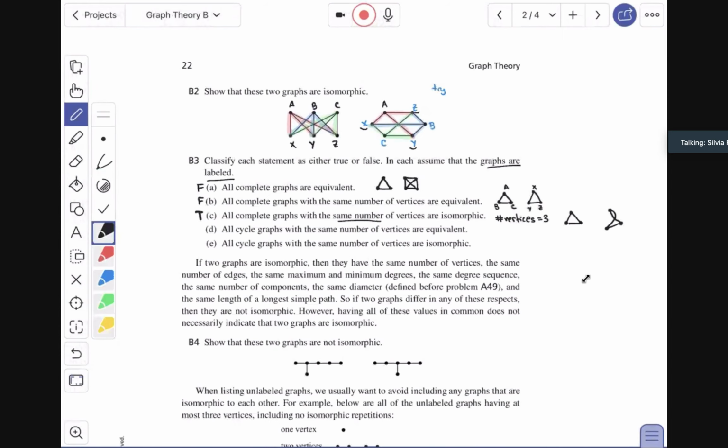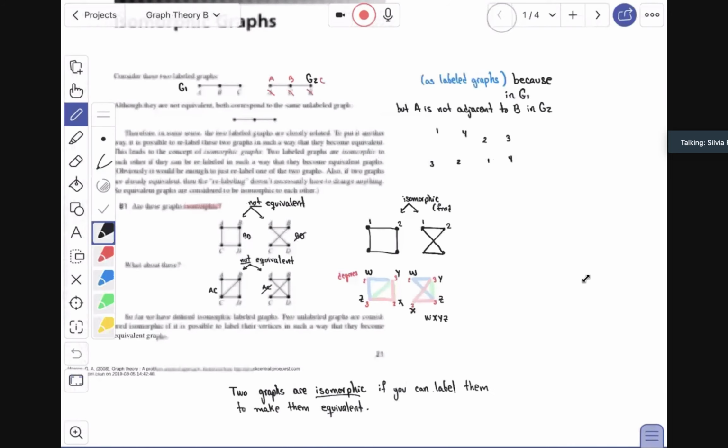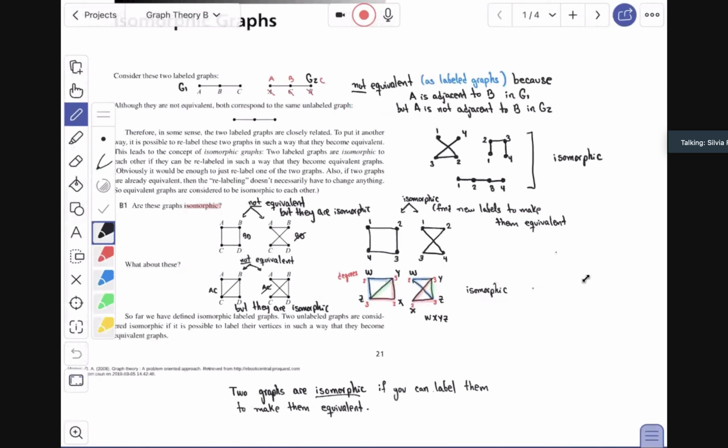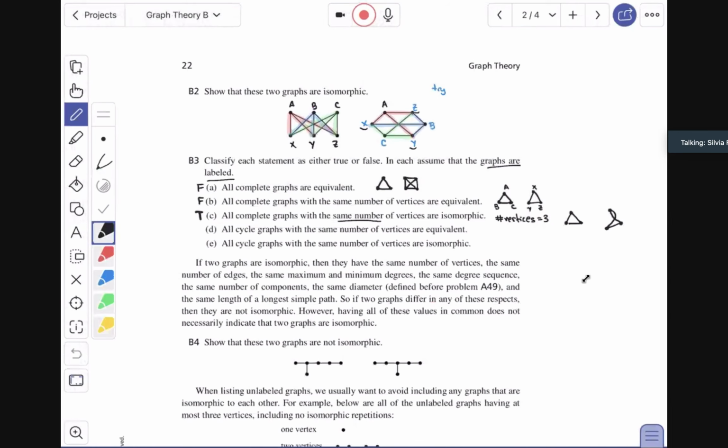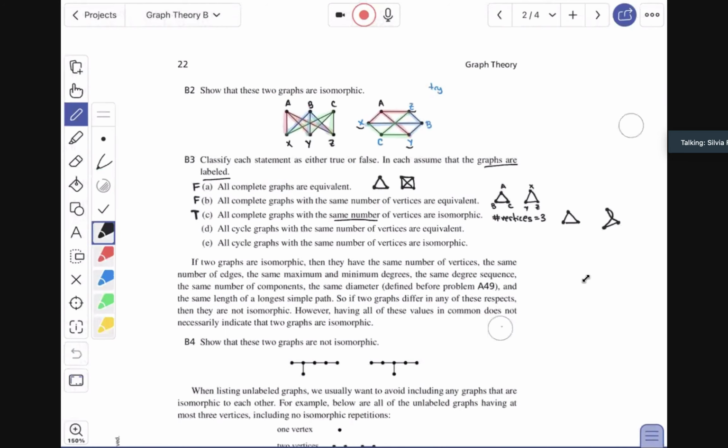All the K5s are isomorphic. Because you can always relabel. Remember that I had my K7 in that example about the degree sequence 6666 drawn in different ways. You can always relabel the vertices.